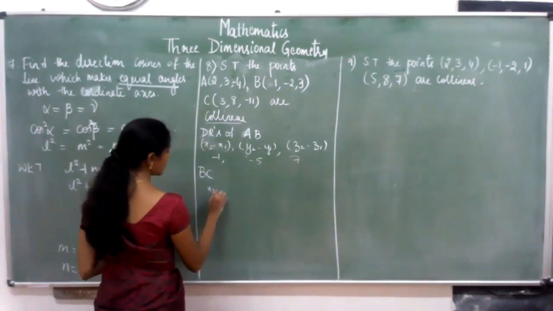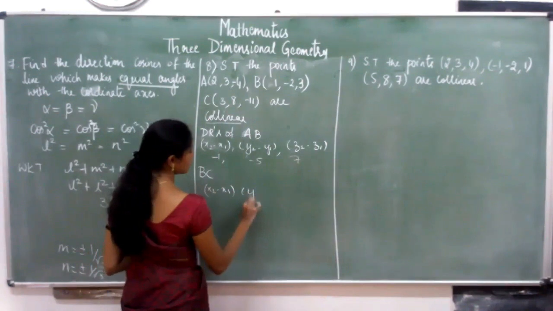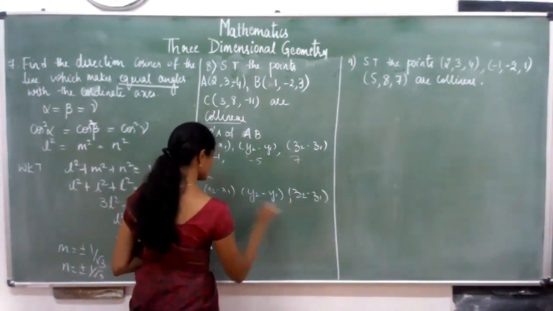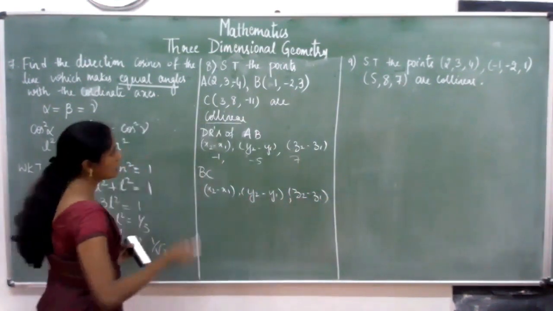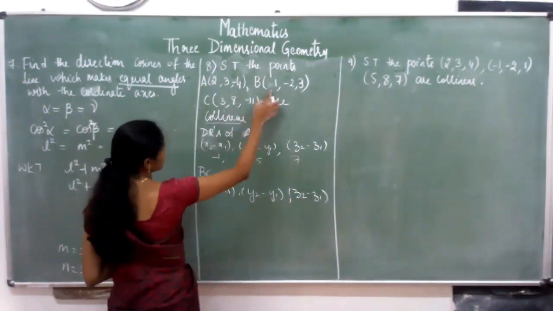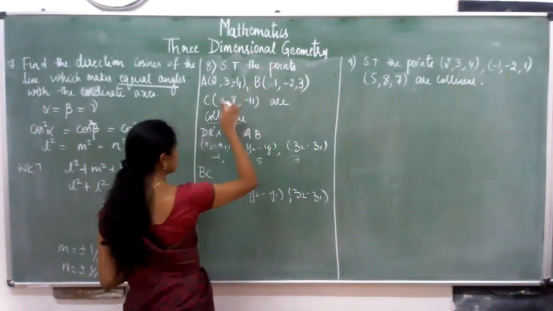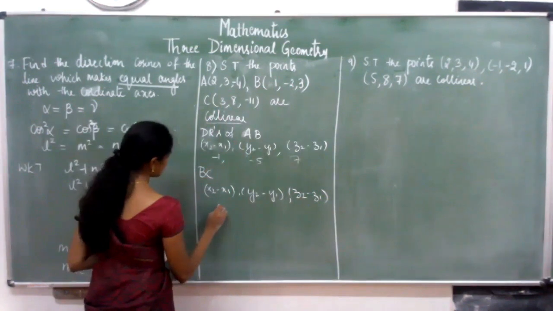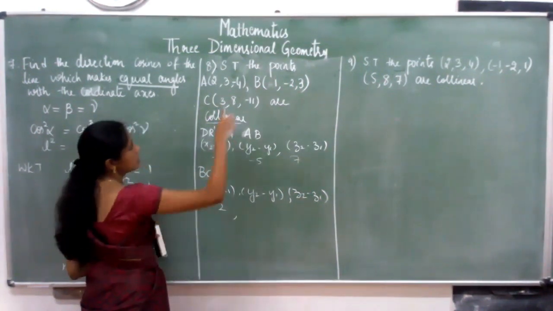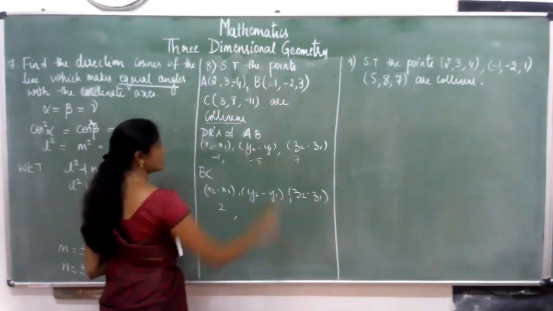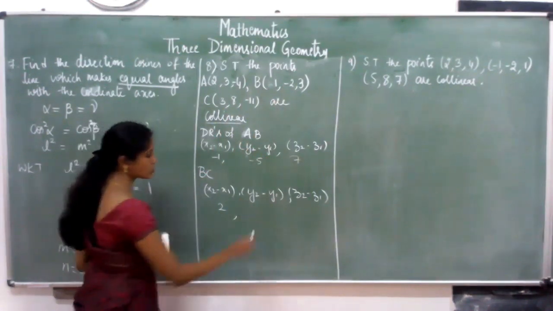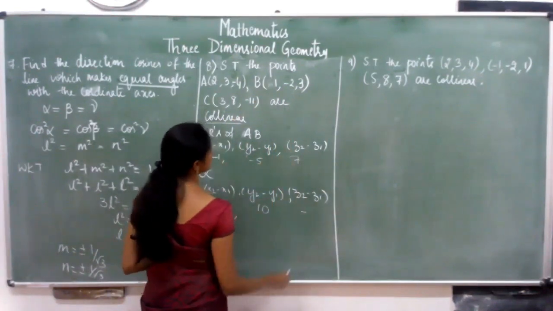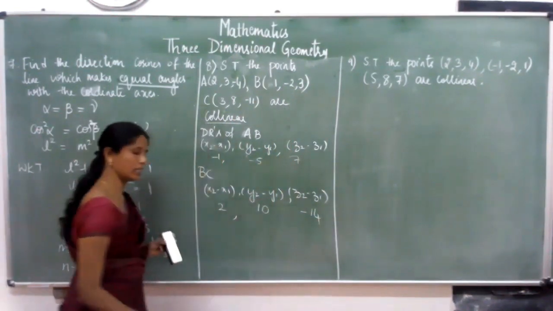Again, it is given by x2 minus x1, y2 minus y1 and z2 minus z1. Now we are considering B and C, so we consider this as x1, y1, z1 and this as x2, y2, z2. So 3 minus 1 is equal to 2. Next, we have 8 minus of minus 2, which is 10. Then minus 11 minus 3, which is equal to minus 14.